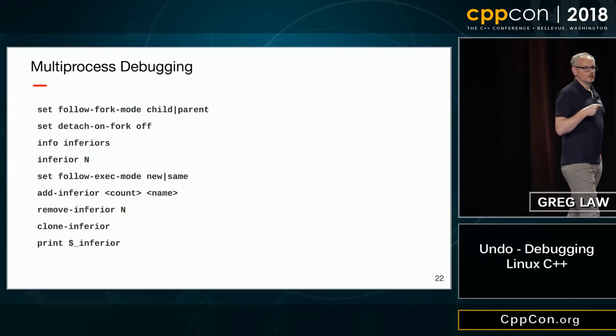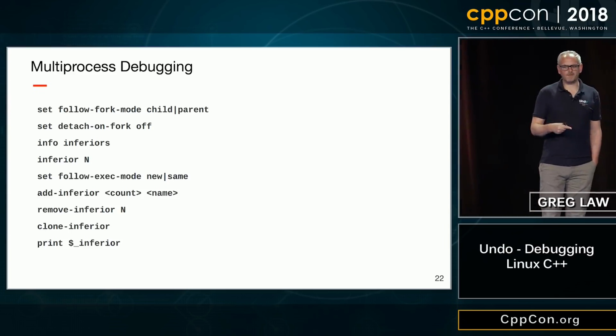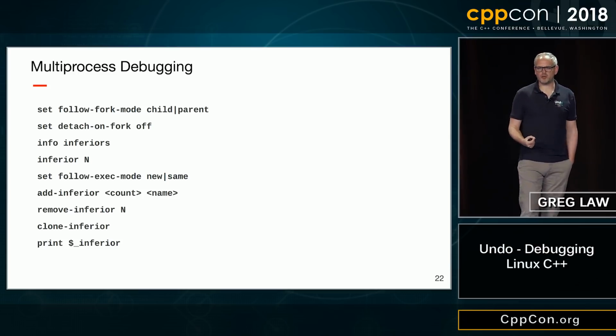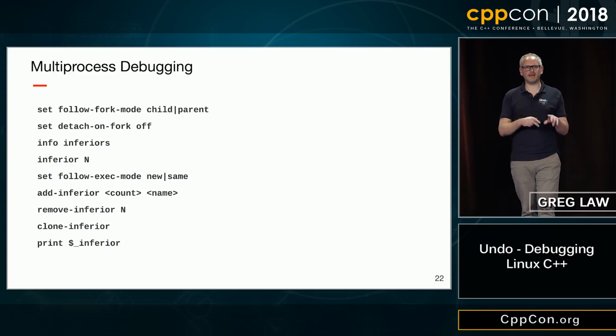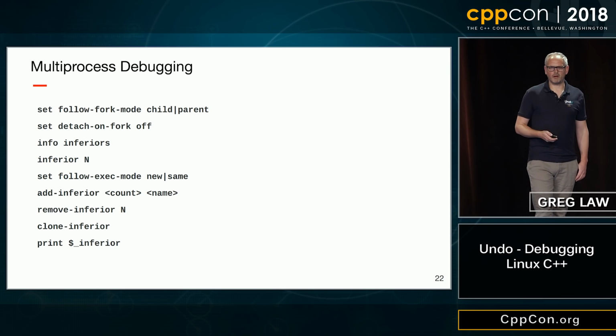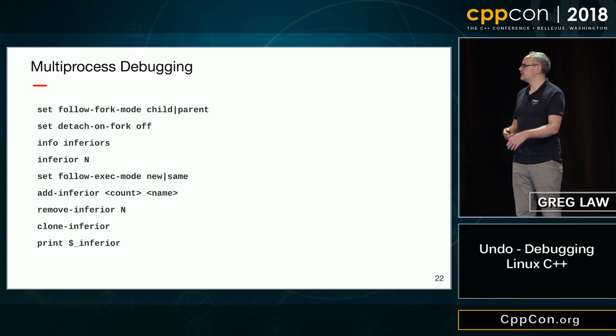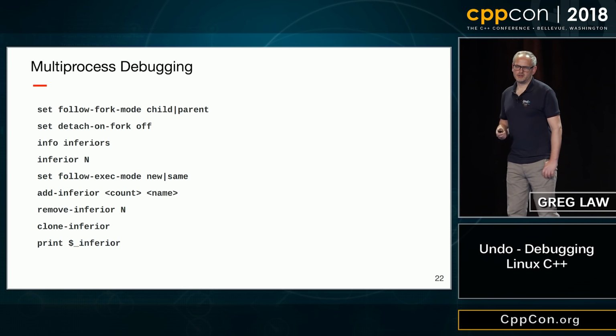But if you say detach on fork off, then it will continue to debug both the parent and the child process after a fork. And just like you say info threads to see all the running threads, you can go info inferiors and see all the running processes and switch between them, like you say thread 1 to switch to thread 1, thread 2, say inferior 1 or 2.